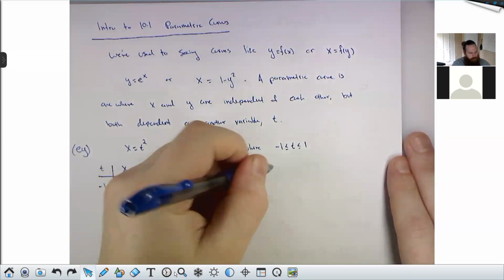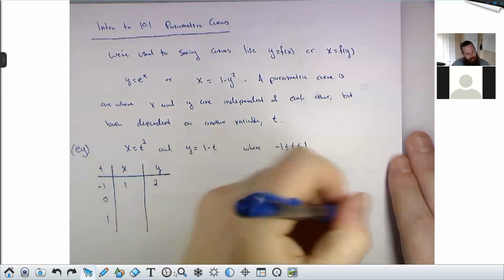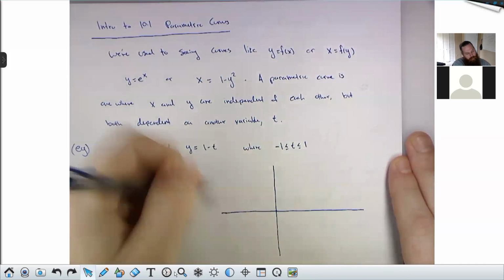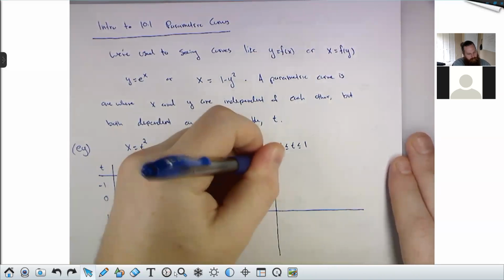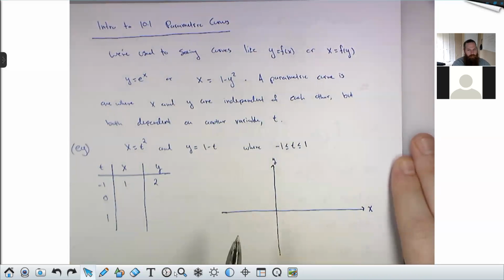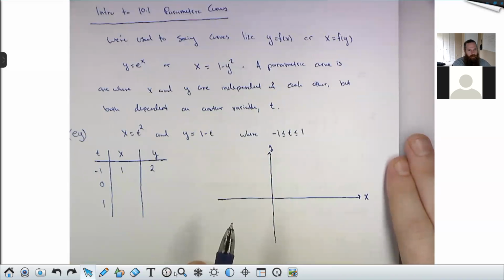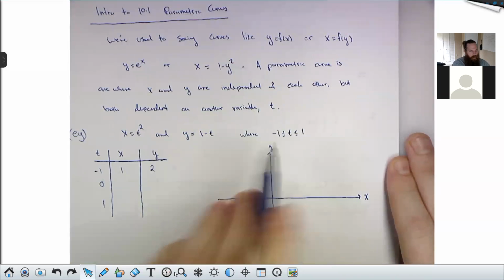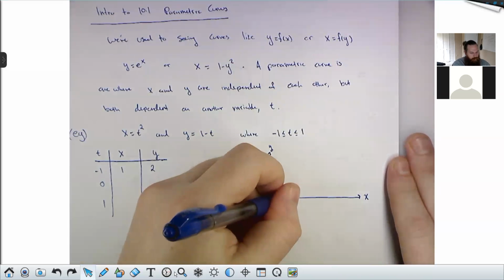So this graph, it doesn't have a t-axis. It's normal. It's just x and y. So you can't see the independent variable anywhere in the graph. But I know that when t is -1, which is my smallest t value, I'm at the point 1, 2.